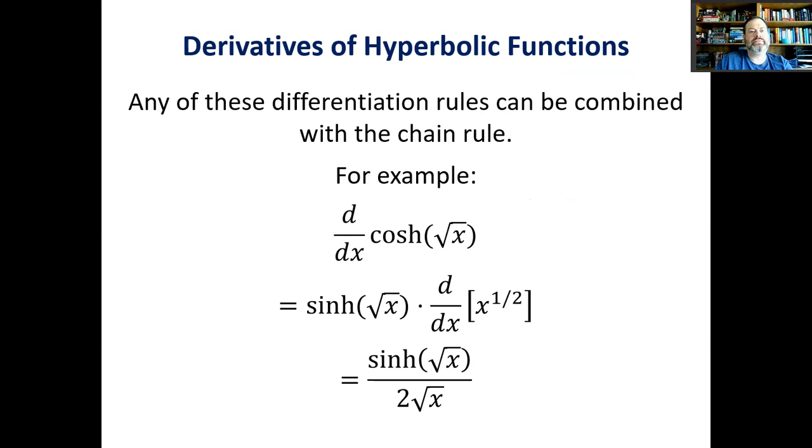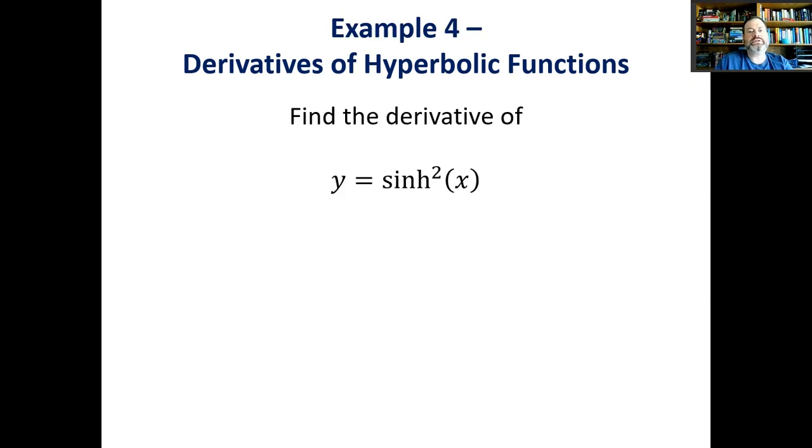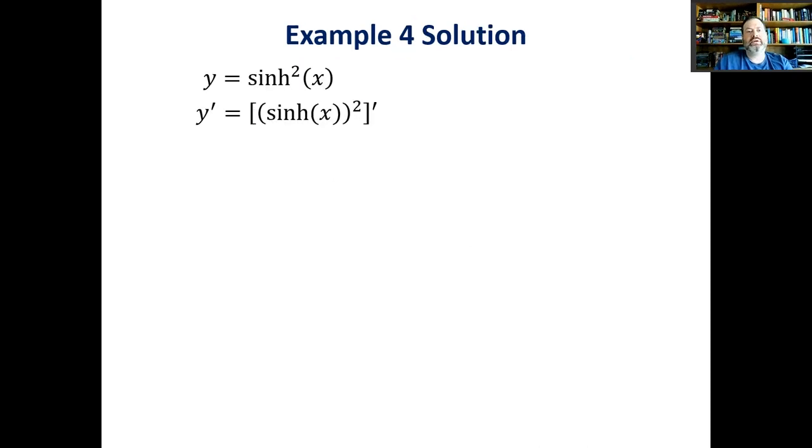All right, next one. Let's see more about derivatives. So any of the differentiation rules can be combined with the chain rule. Obviously, that's always true. So let's see how this works. Let's find the derivative of sinh squared of x. First thing you do is write sinh squared in its expanded form so we can use the chain rule.